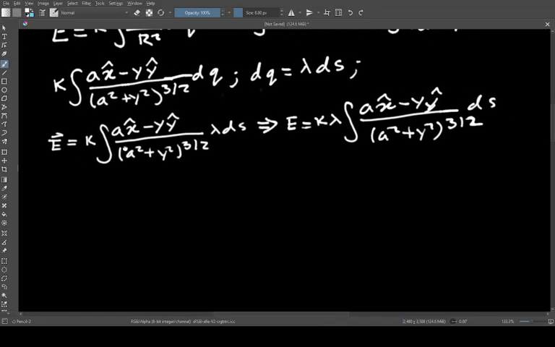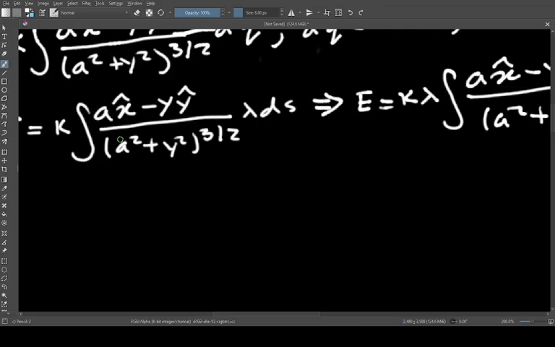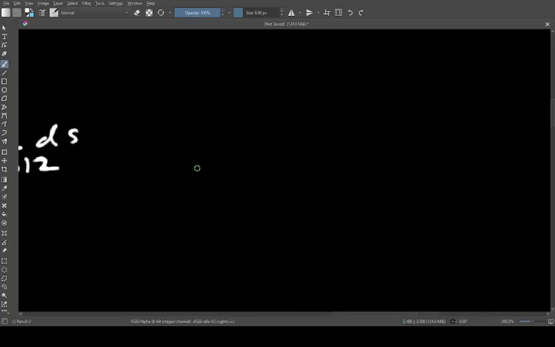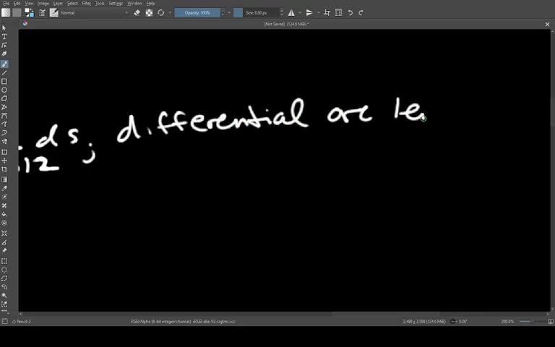So the differential arc length will be this. ds is going to be what? Which axis does it correspond to? Well, it's going to be dy.